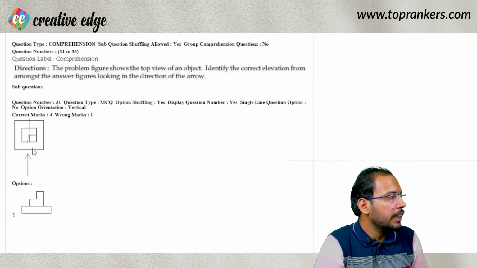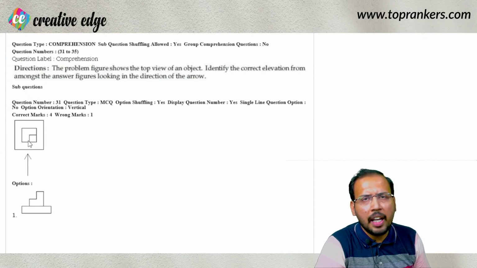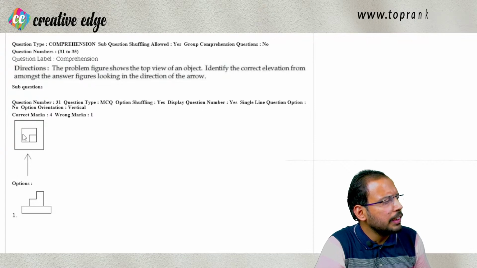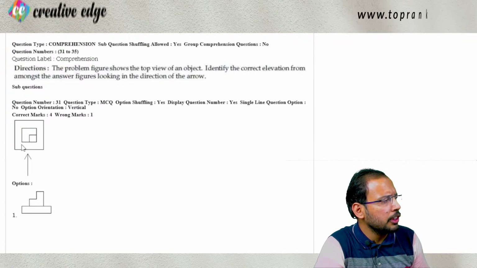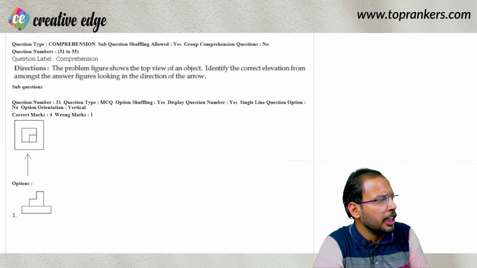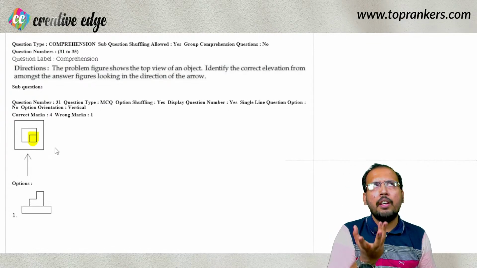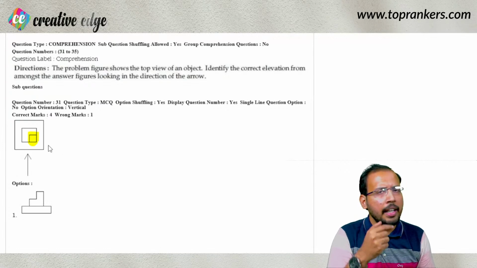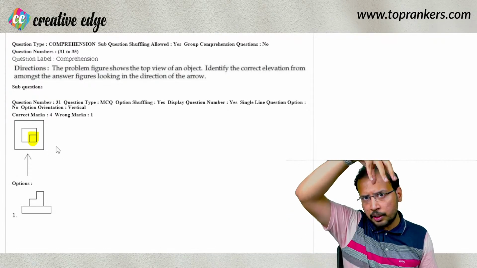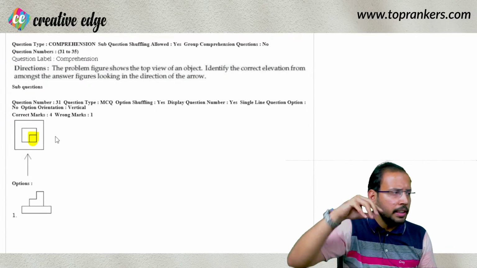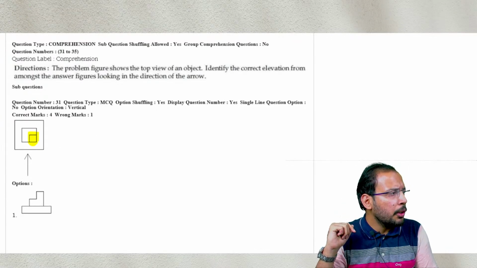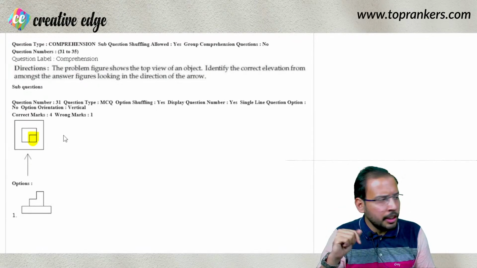So for example, I can see that I am seeing multiple squares in this figure. Observe that, try to figure out when I can get this shape. Obviously I am seeing this from the top view. If I were to imagine, I would imagine it this way.